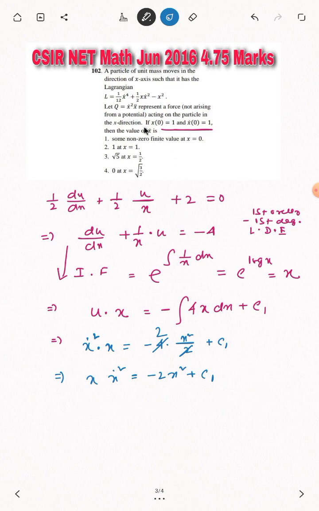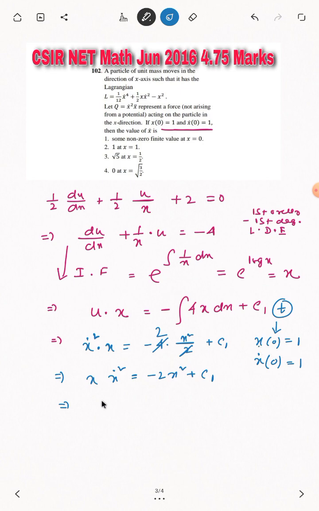Now put the conditions here. x0 is 1. This is the beauty of the problem. This 0 refers to the value of time t. So x dot must also be used properly, because x dot is also given as an initial condition. Look at this, x dot at time t equal to 0, that is also 1. So we should put all this.